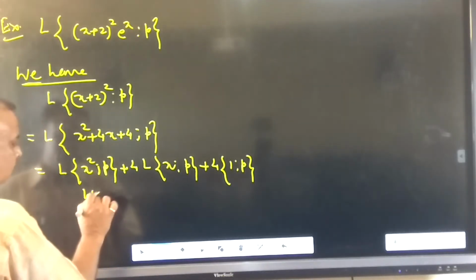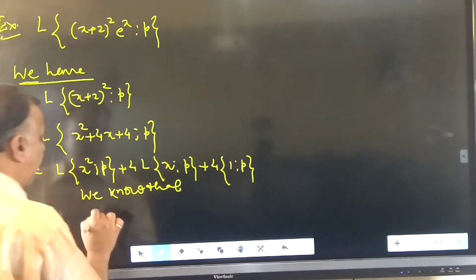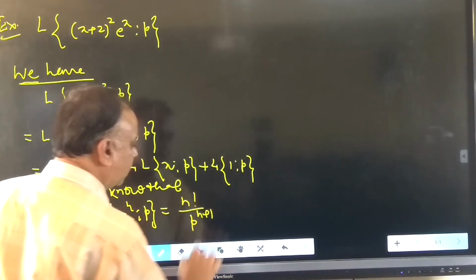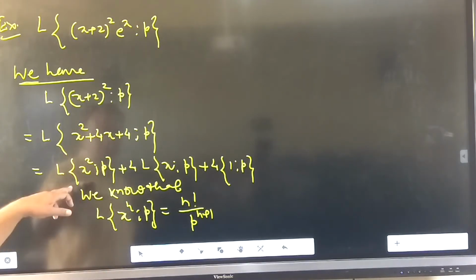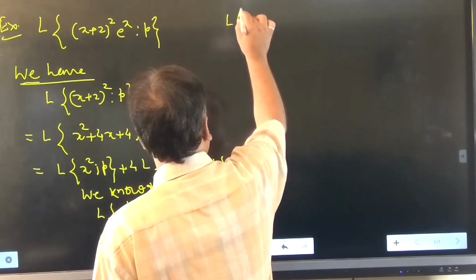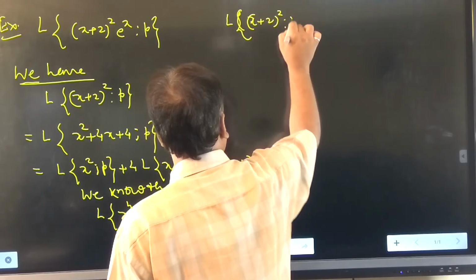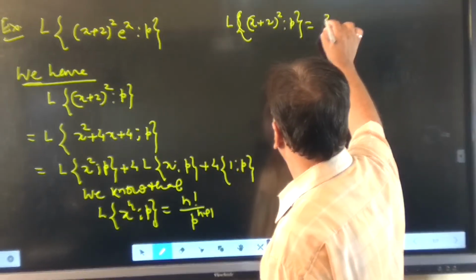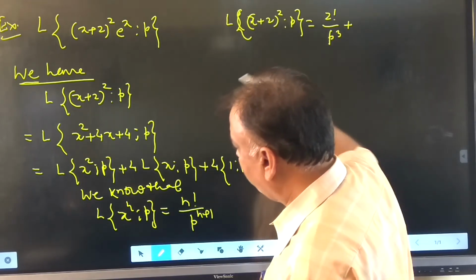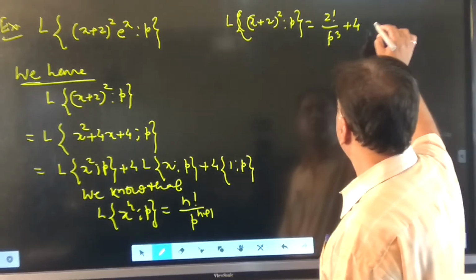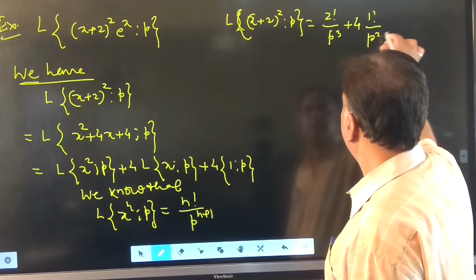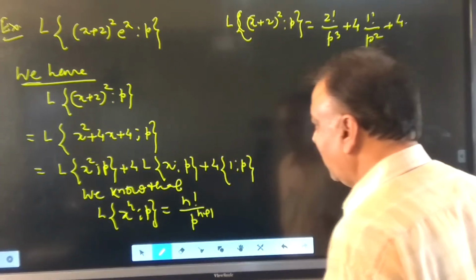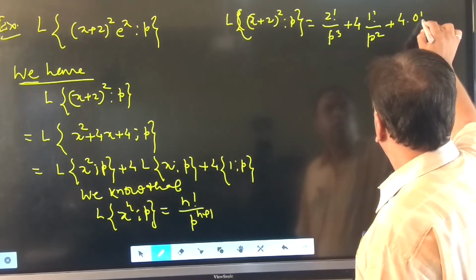As we know, the Laplace transformation of x raised to n with respect to parameter p is equal to factorial n upon p raised to n plus 1. Using this, the Laplace transformation of x square is factorial 2 upon p cube, plus 4 times the Laplace transformation of x, which is factorial 1 upon p square, plus 4 times the Laplace transformation of 1, which is factorial 0 upon p.